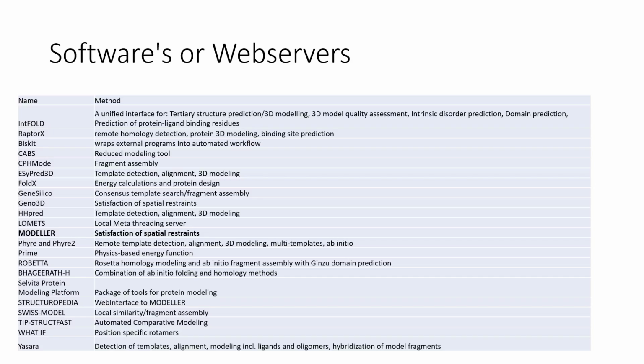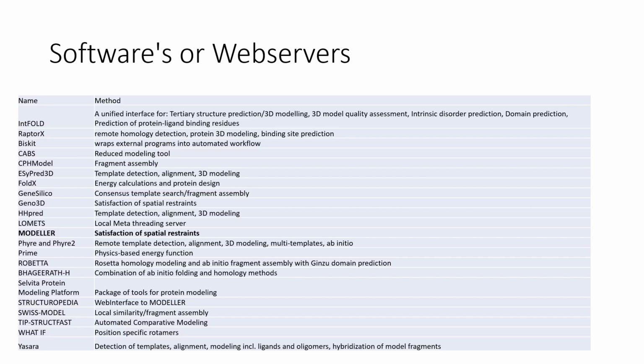There are so many software tools available to perform homology modeling. I'm going to provide a link, just check the description box. Out of all the software and web servers, we always prefer to use MODELLER, because it uses highly successful spatial restraint methods.